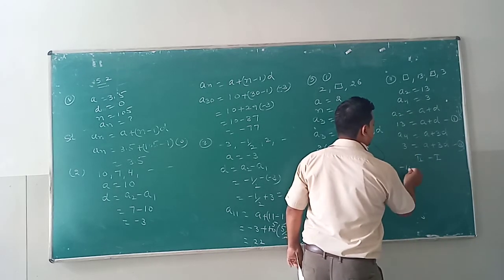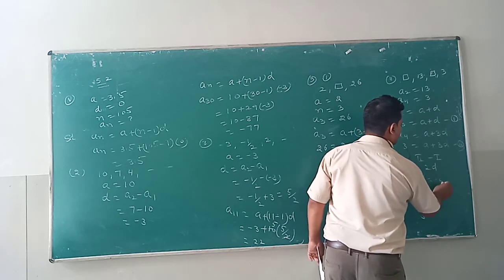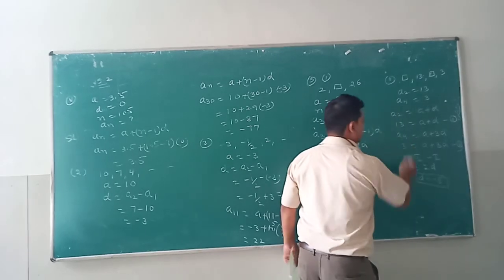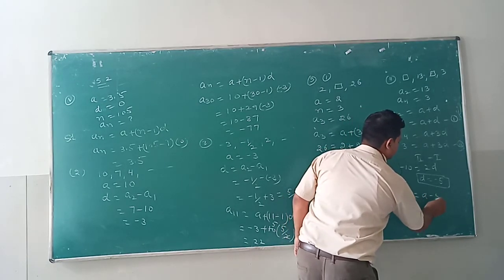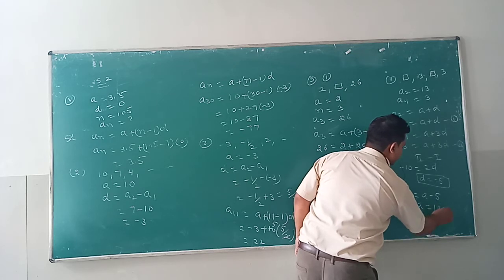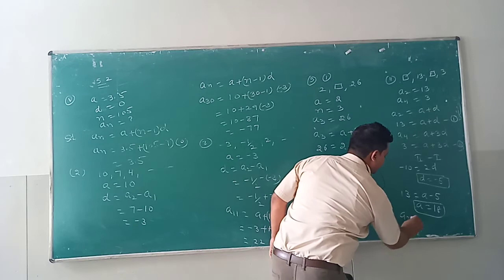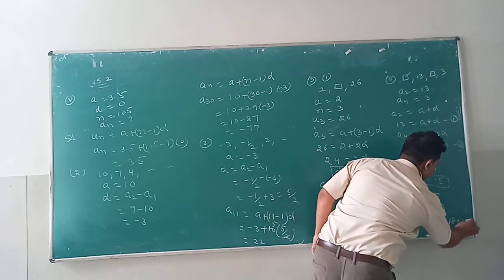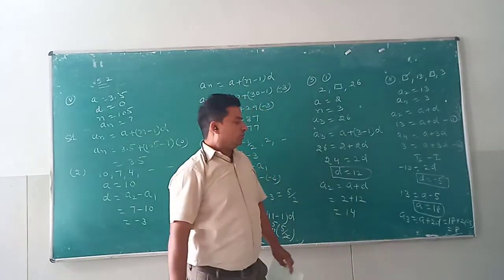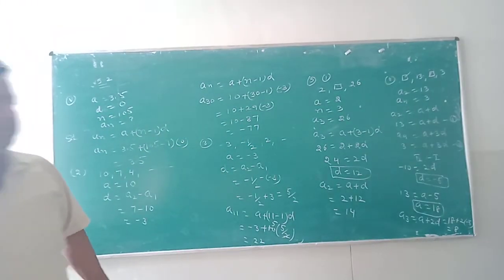This is minus 10. a cancels out, 2d. So d is equal to minus 5. When we put the value of d in equation 1, we get the first term 18. And a3 is a plus 2d, which is 18 plus 2 into minus 5. This is equal to 8. So 18 and 8 are the missing terms of this AP.